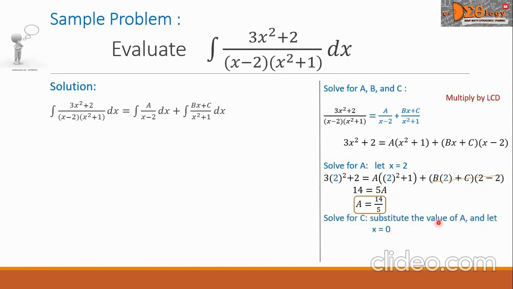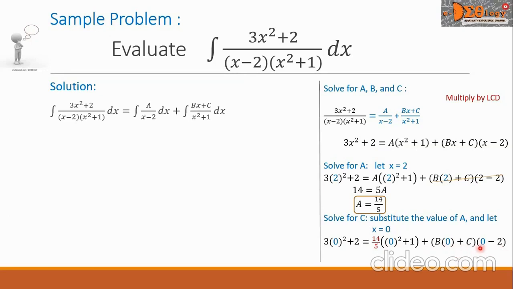We substitute the value of a in this equation and we let x be equal to 0. So we now have 3 times 0 squared plus 2 on the left, equals 14 over 5, that is the value of a, times the quantity 0 squared plus 1, plus b times 0, plus c times the quantity 0 minus 2.